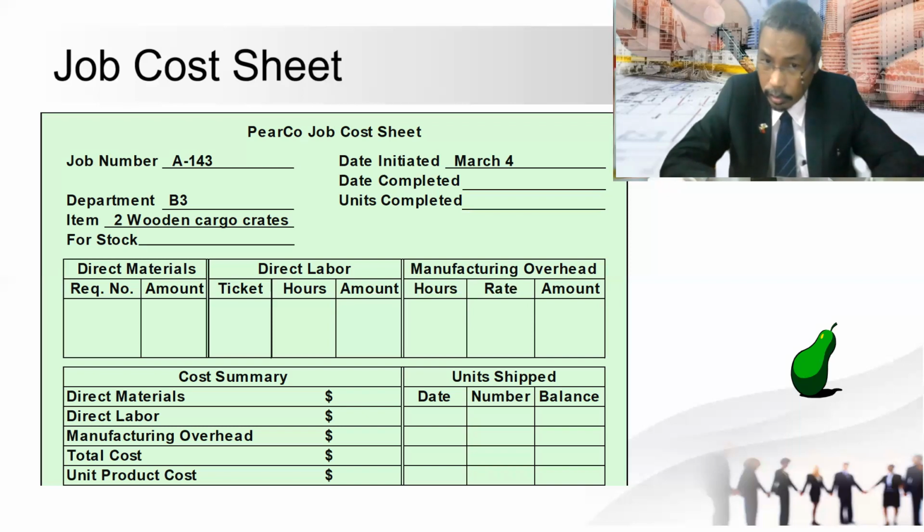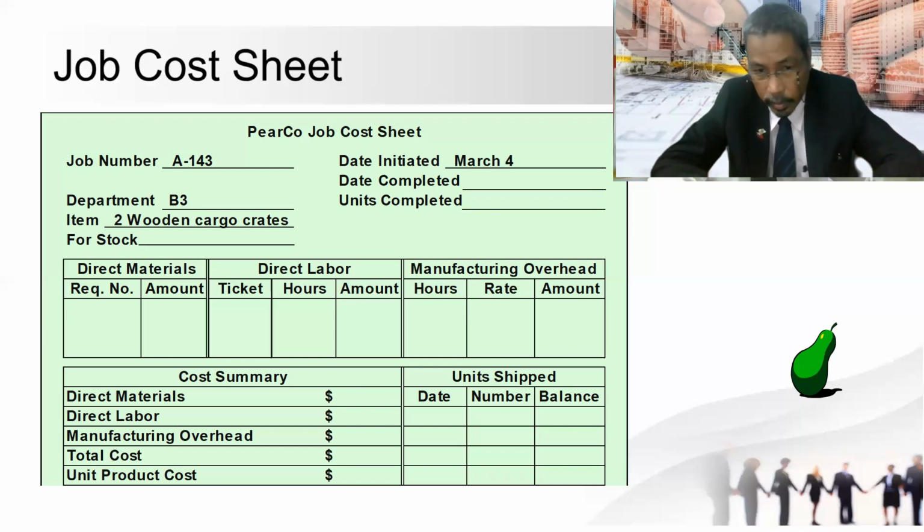We will apportion the amount of overhead depending upon the number of hours the specific job is made. And then the cost summary: direct materials, direct labor, manufacturing overhead, then total cost, unit product cost.